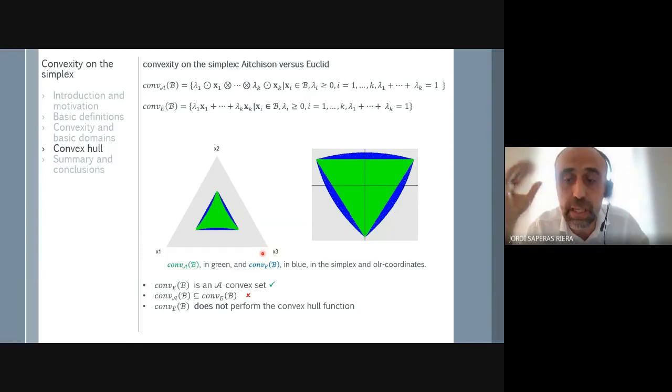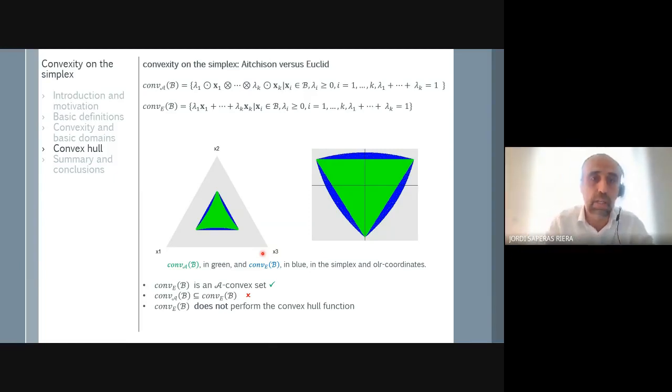It's not the minimal convex set that contains the three set of points. When we apply numerical methods to solve problems of constrained optimization on the feasible region Euclidean convex hull, maybe we are taking more points than necessary.